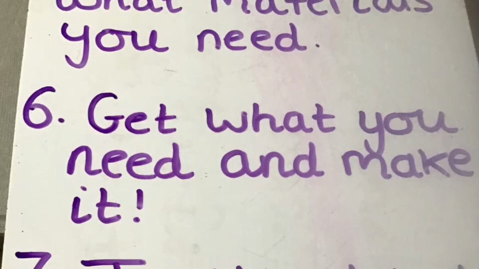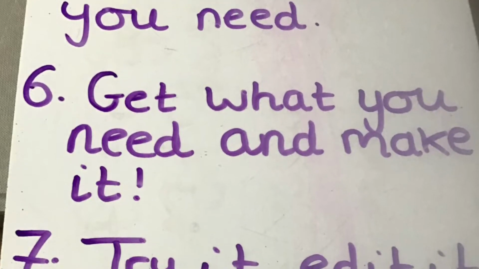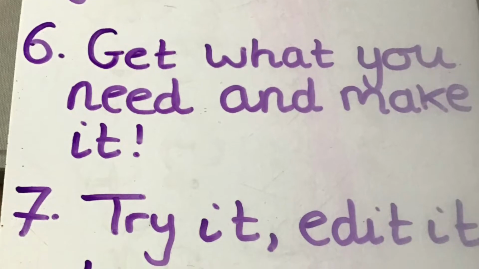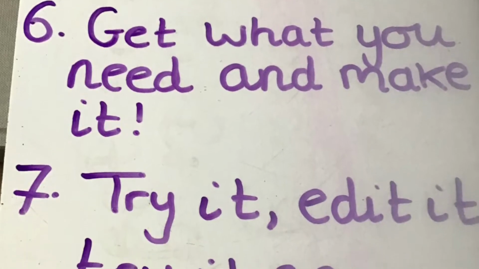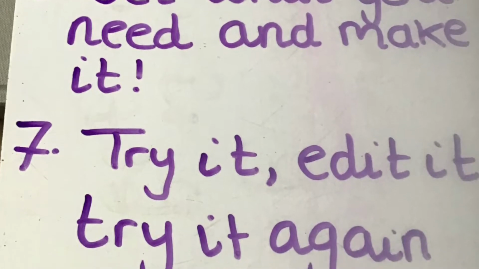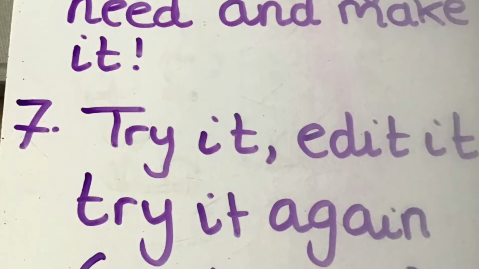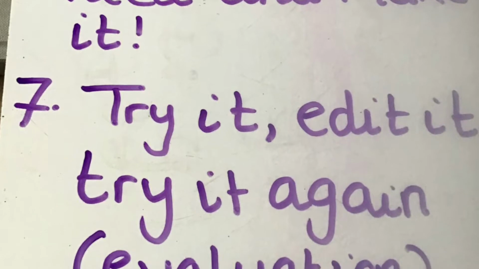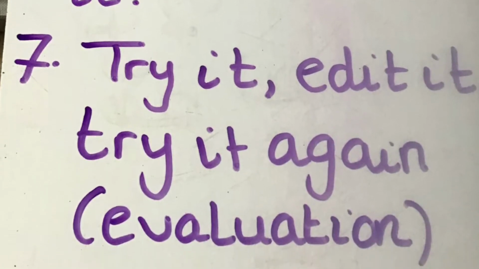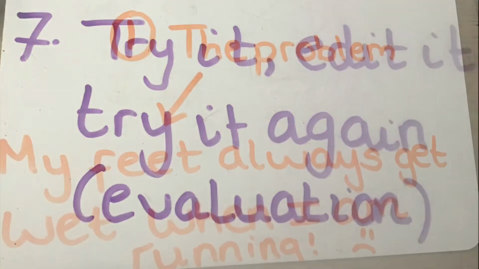You then need to get what you need and make it. And then the last stage is to evaluate what you've made. Try out the invention. You might need to edit it, just like Frankie's mum did, and then try it again and keep doing that until it's the best invention and it works. Now today we'll mainly be focusing on the first 4 steps, with the 5th step being a chilli challenge.